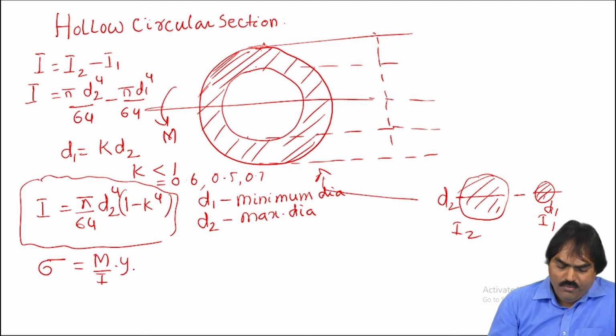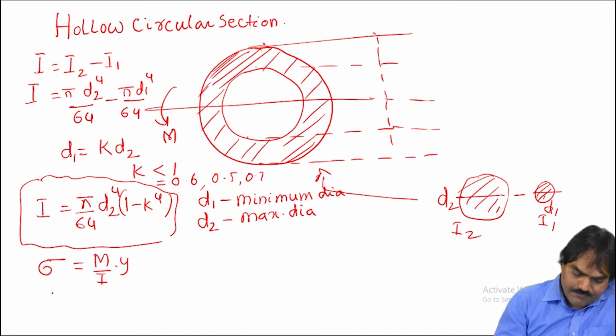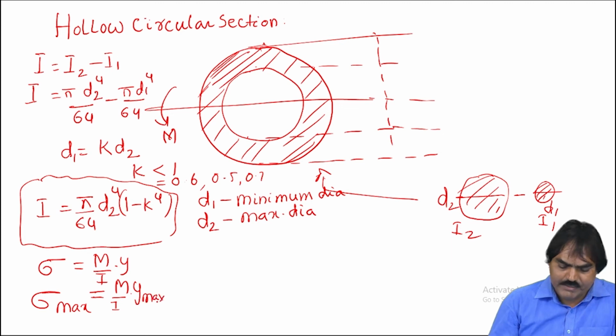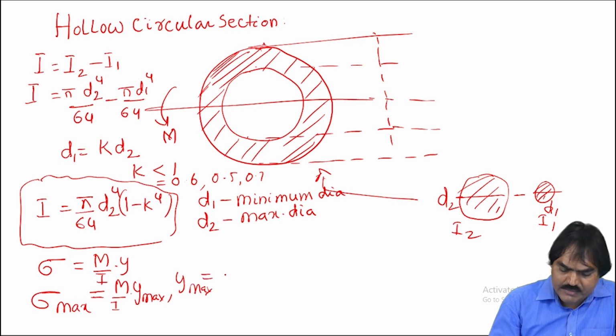So when y is maximum, sigma will be maximum. Therefore, sigma max is equal to M by I into y max. What is y max? D2 by 2. Y max is D2 by 2.